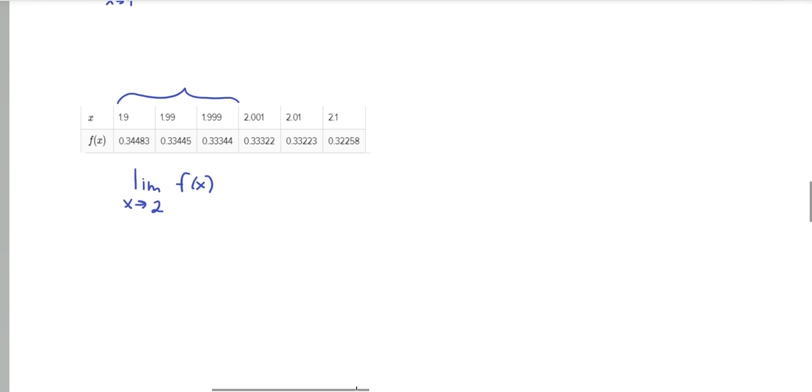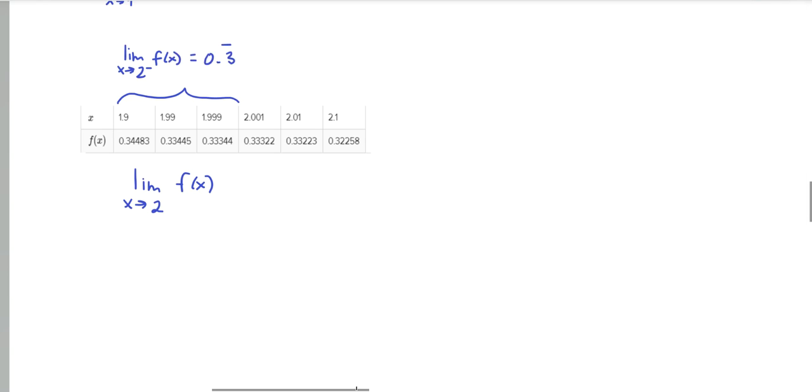And as you can see, our data is showing 0.34483, 0.33445, 0.33344. So it looks like as we approach 2 from the left, we're getting 0.3333, like it would eliminate all the 4s and continue to be 0.3. So it seems as though the limit as x approaches 2 from the left of f of x is going to equal 0.3 recurring.